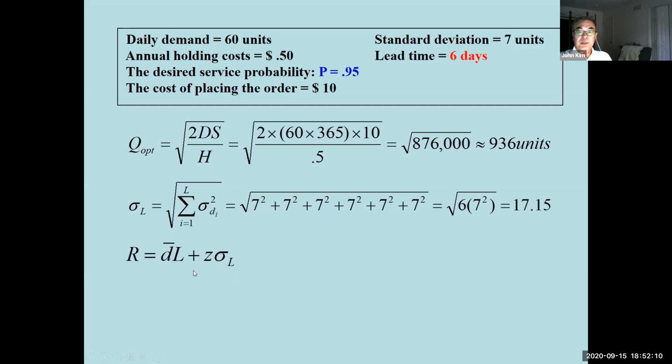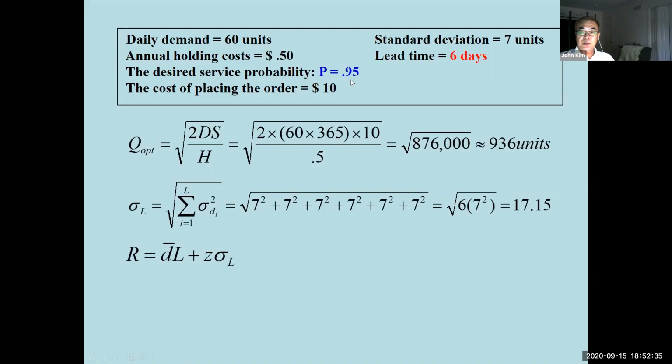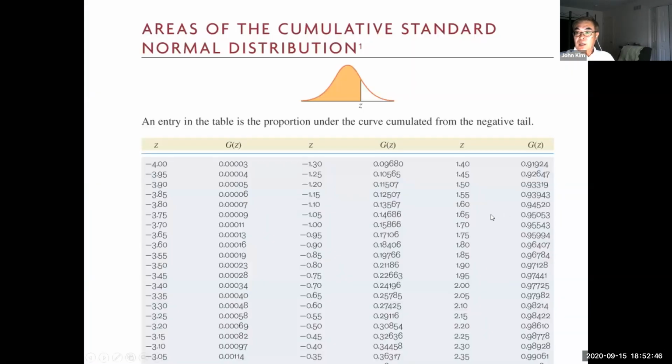And then we need the z-score. The z-score is associated with the service probability. From a normal distribution table chart, try to find the service probability 0.95, 95%.